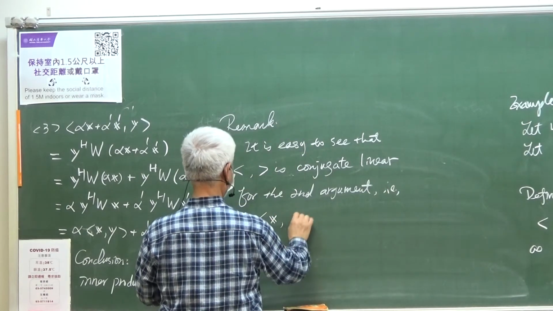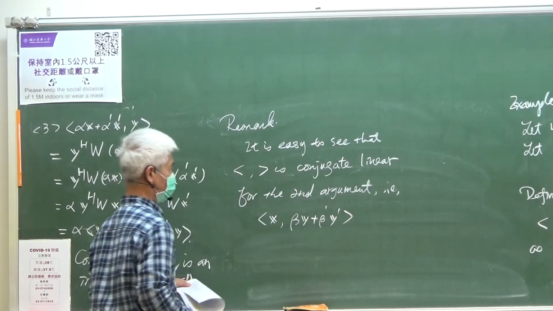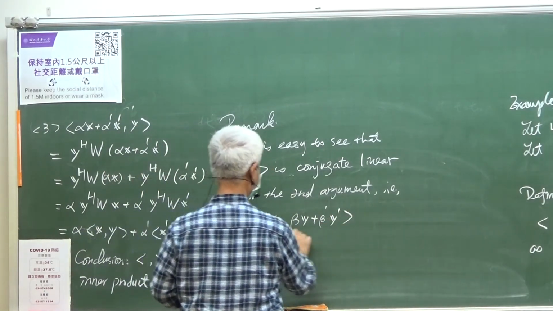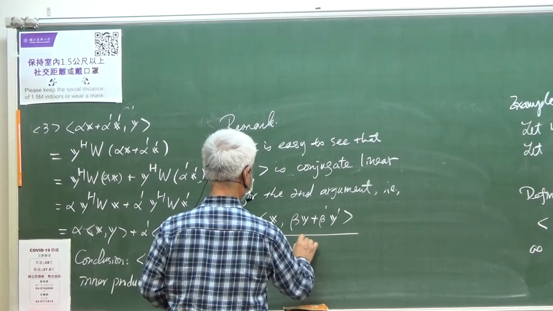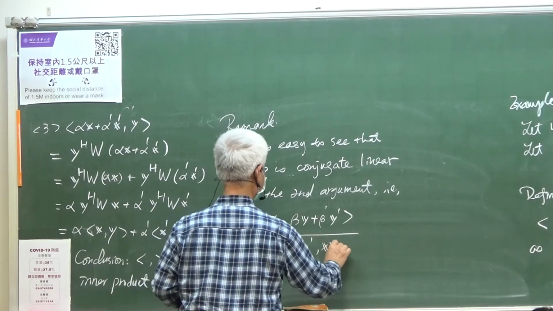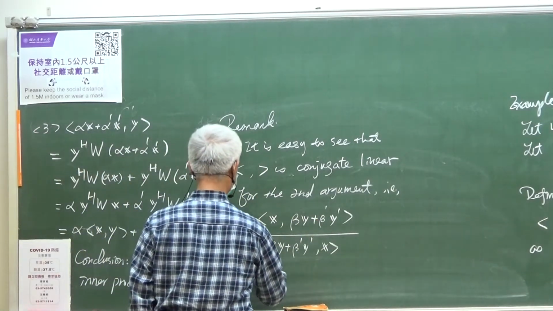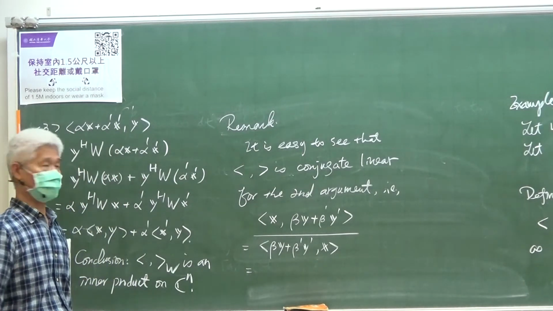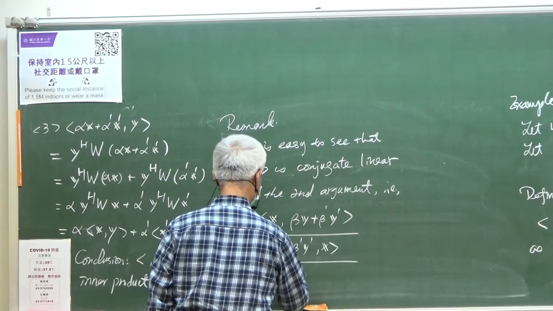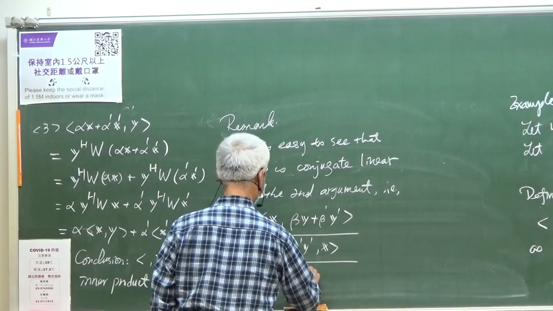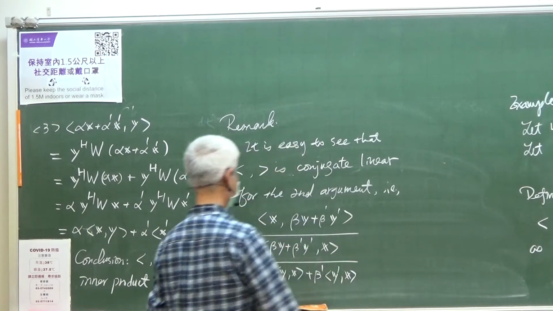The inner product of X with beta y plus beta prime y prime is equal to beta bar times the inner product of x and y plus beta prime bar times the inner product of x and y prime. So if you change the order, we use the conjugate symmetric property, and then the linearity for the first argument. Okay, so we have this one.